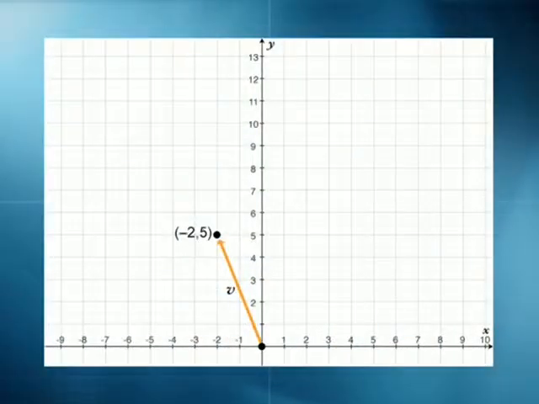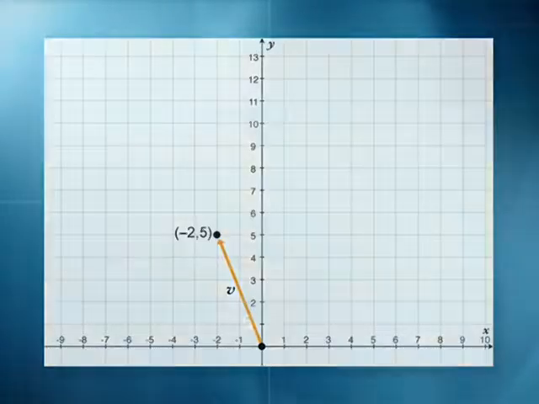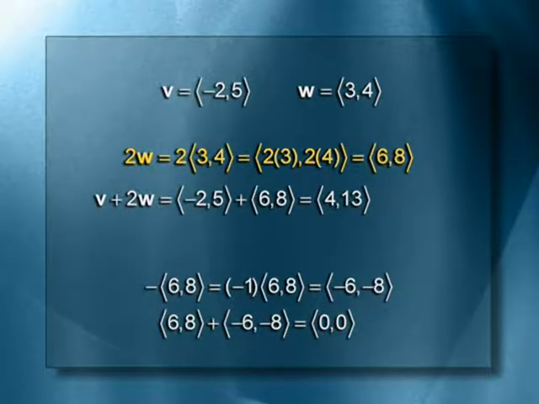Now here's a picture of some of these vectors put together in an interesting way. Notice I've drawn the vector v starting at the origin and going out to the point minus 2, 5. Our original vector v was minus 2, 5, so in standard position it would look like that. Then we calculated the vector 2w.